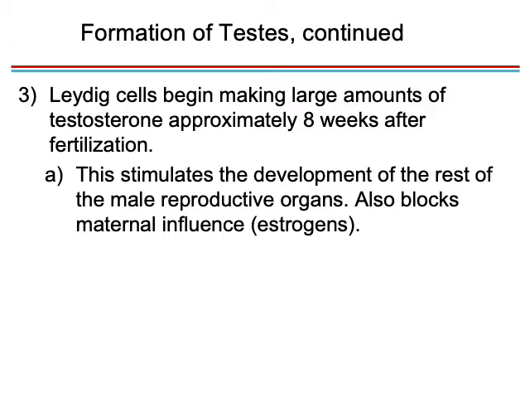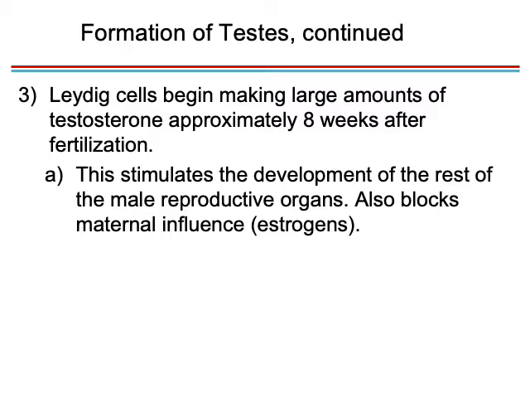In the fetus, Leydig cells begin to produce high levels of testosterone very early on in male fetal development. There are two functions for this high level of testosterone delivery in utero.